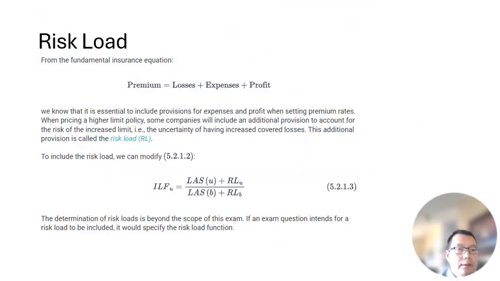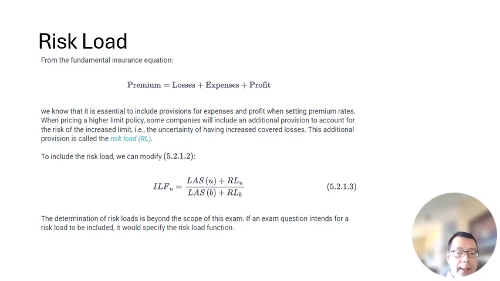The next concept that I'm going to talk about is the risk load. From the fundamental insurance equation, premium should be equal to loss plus expense plus profit, because whatever the policyholders provide in premium should be able to cover the loss, the expense, and profit. We know that it's essential to include provision for expenses and profit when setting premium rates.